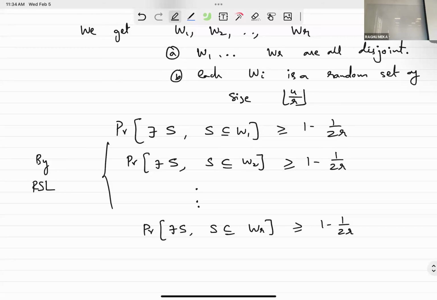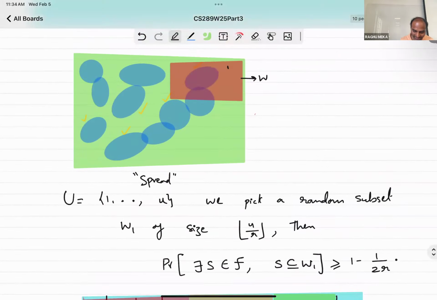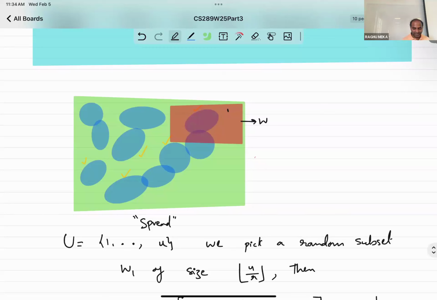They're all exactly the same distribution, so it's the same statement applied R times. If you go back to this picture, I chose this as my W1.